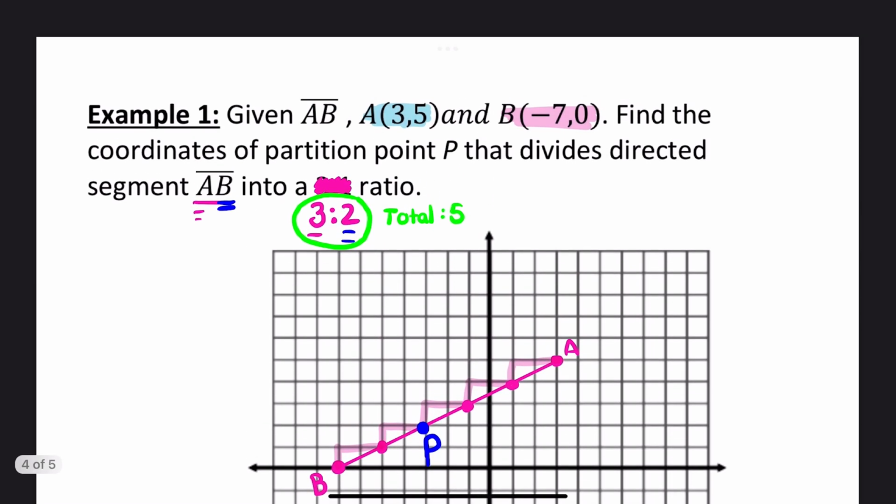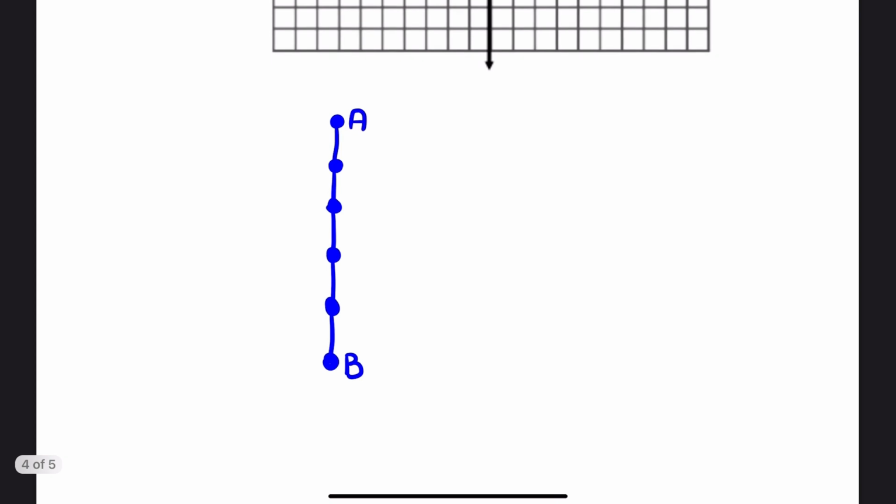Okay, so we'll notice that point A was (3, 5), and point B was (-7, 0). While I don't have points in each one of these dots, they are coordinates. So I'm going to go ahead and set myself up for points in each of these. So it's the same as the midpoint, just instead of there being only one blank point in between, there's several because I broke this into 5 congruent pieces.